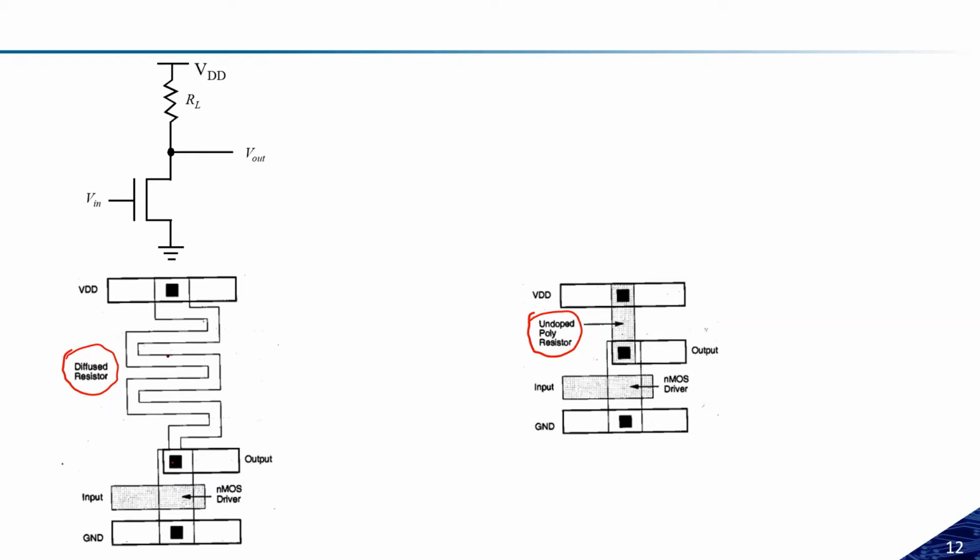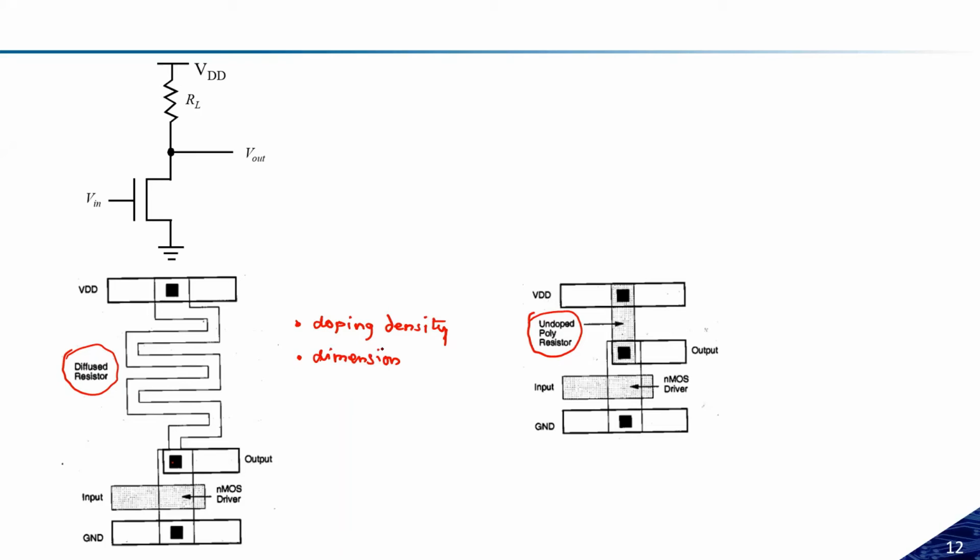And the important thing is that the resistance is simply determined by the doping density and the dimension. So this is really very important. The resistance is determined by the doping density, and it also depends on the dimension.